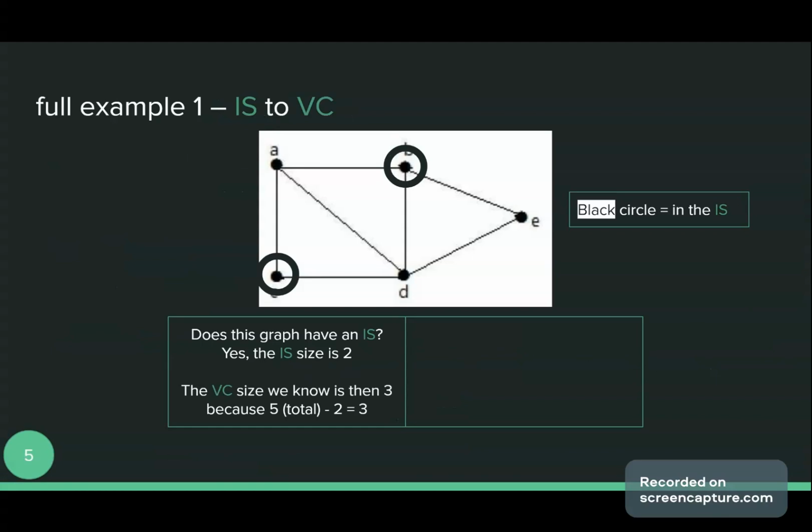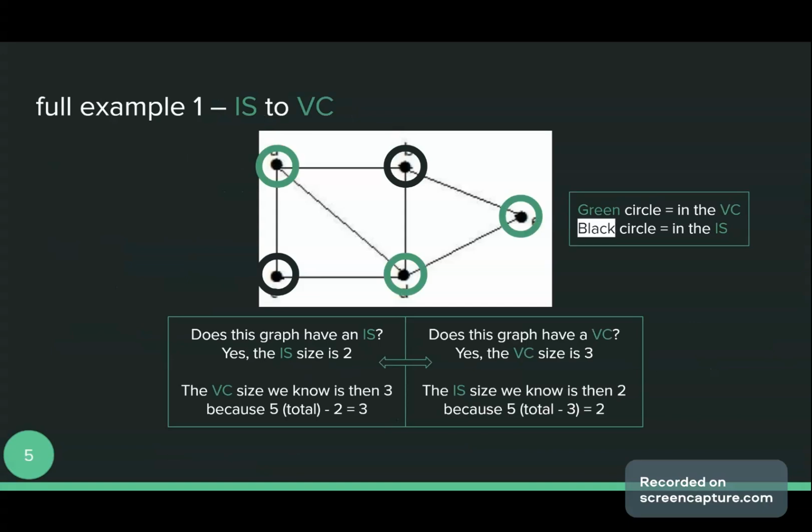If we use the information we had from before, this means that the vertex cover size is then 3, because the total number of vertices in the graph is 5, minus the 2 vertices in the independent set, is 3. And we see that this is correct, because each green circled vertex in the vertex cover covers each edge.